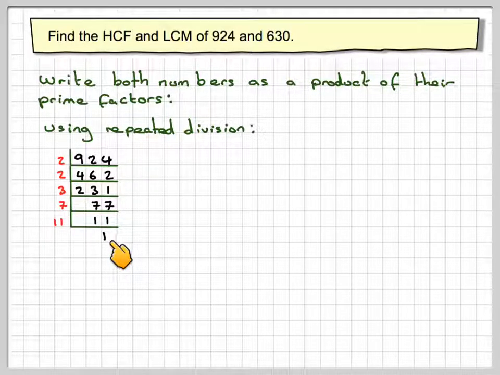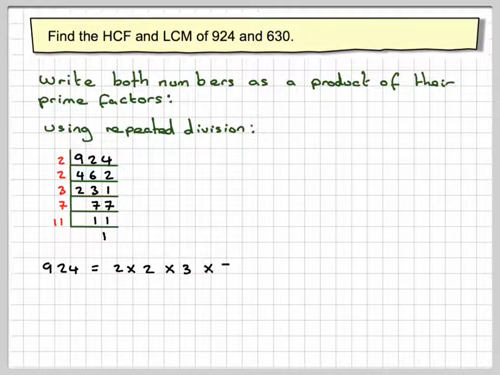So you should end up with 1 here. And then you can now write 924 is equal to 2 times 2 times 3 times 7 times 11.